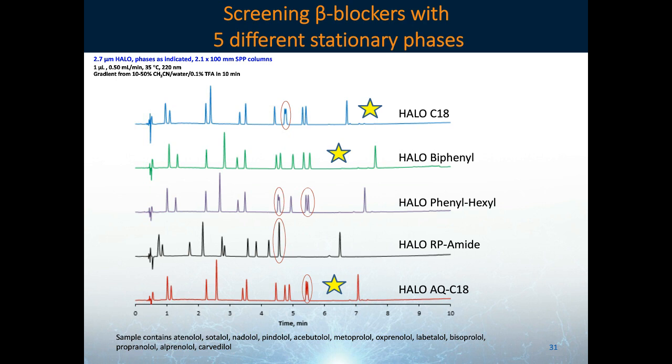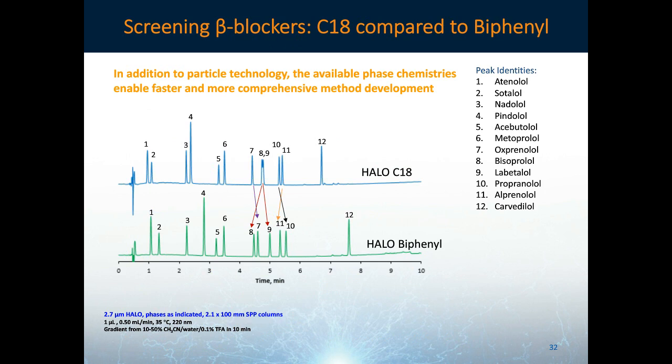So the interesting thing about the comparison between the Halo C18 separation and the Halo biphenyl separation is how much the peaks move around. So for instance, you have coelution of peaks 8 and 9 on the Halo C18 column, and you're able to resolve those peaks just by going to the Halo biphenyl phase.